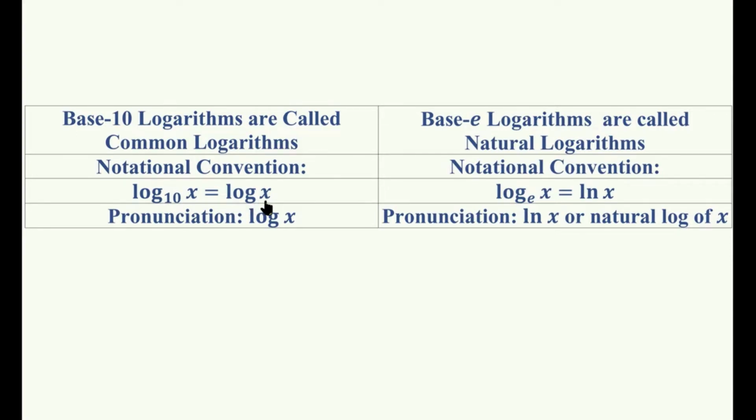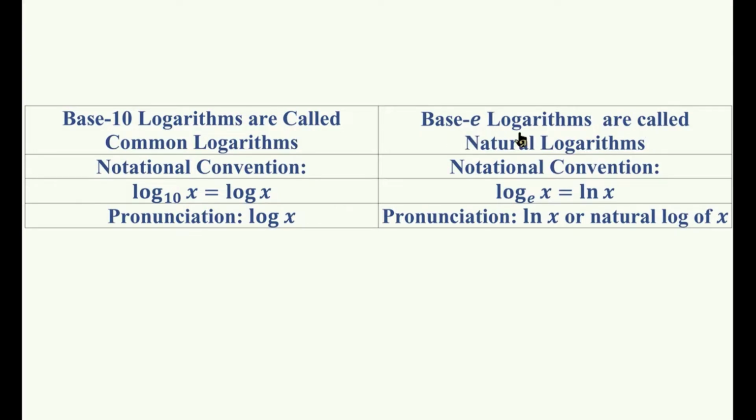So when you see that, you know that the base is just invisibly there, it's 10. Just like, for example, with radicals, square roots are so often, we just don't write the 2 in the location of the index, and we know that automatically it's a 2. So in the same way, the pronunciation, of course, is just log x.